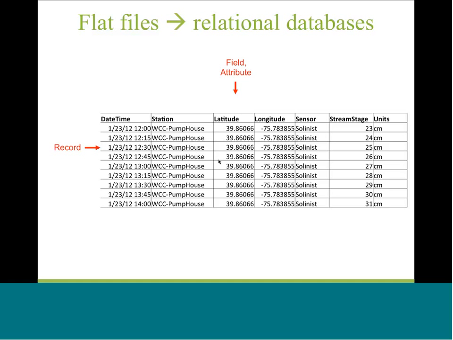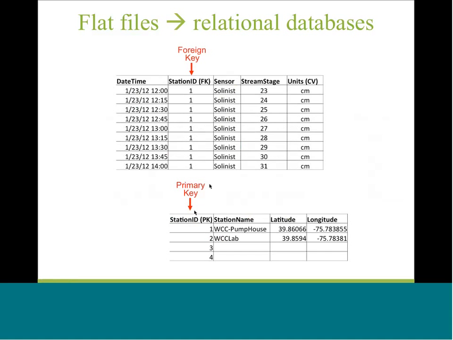So we're used to, I showed this example earlier, we're all raised on storing data in spreadsheets, but spreadsheets or flat files are not very efficient in storing information, such as this repeated information about latitude or the name of the station. And so it's much better to separate out tables into logical conceptual entities and then relate them to each other.